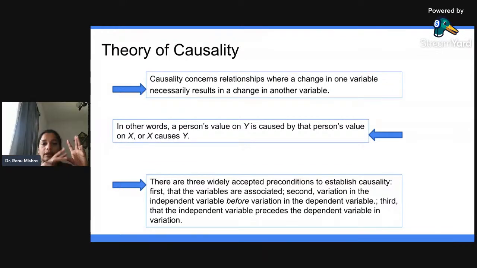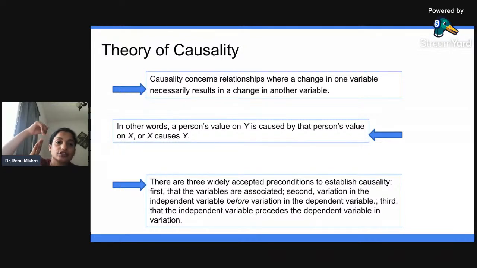Okay, so in the second box, I have explained this only, that X causes Y. If a farmer is putting fertilizers in his crop, it is giving him better fruits or better crops.